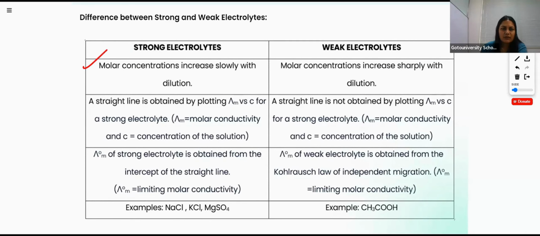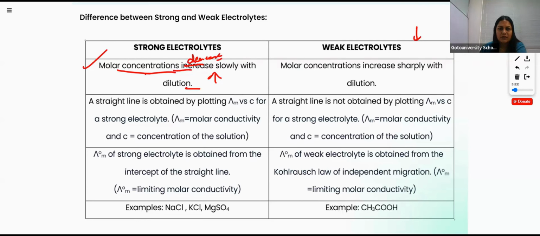Strong electrolytes are what? Their molar conductivity increases slowly with dilution, as I have discussed. For weak electrolytes, conductivity decreases. Okay. For strong electrolytes, there is an inverse relation between conductivity and molar conductivity.